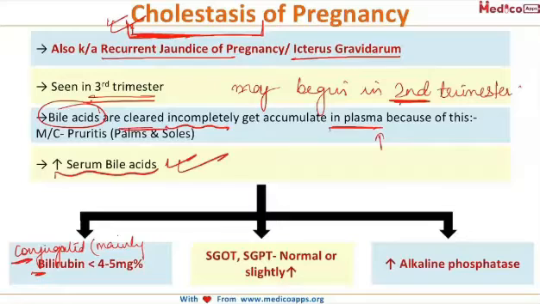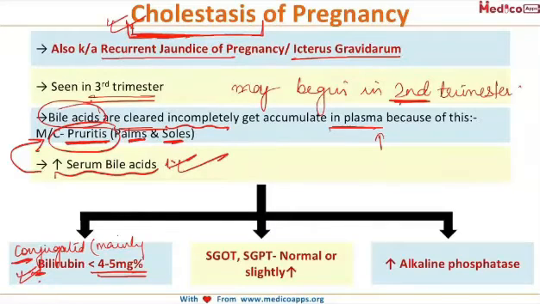So the level of the serum bile acids and bilirubin, of which mainly it is conjugated, increases in the plasma, and because of the increase in serum bile acids, it results in the most common symptom of cholestasis, that is pruritus, and this pruritus is more seen in the palms and the soles.